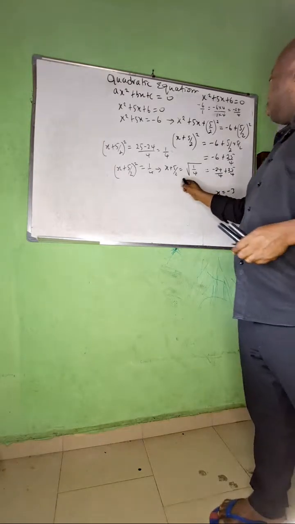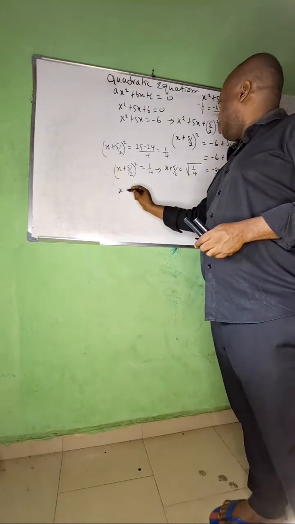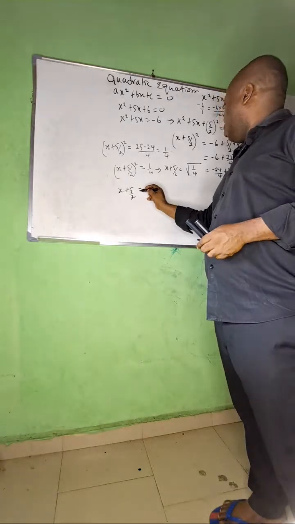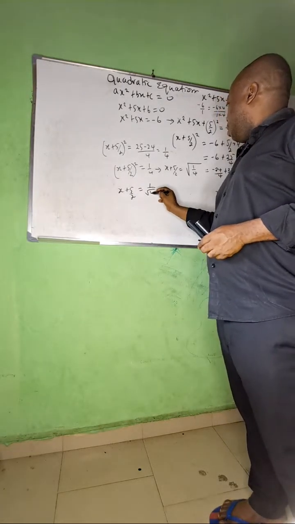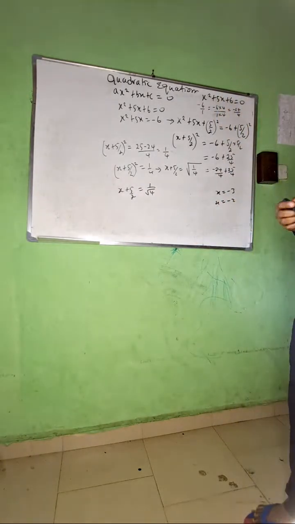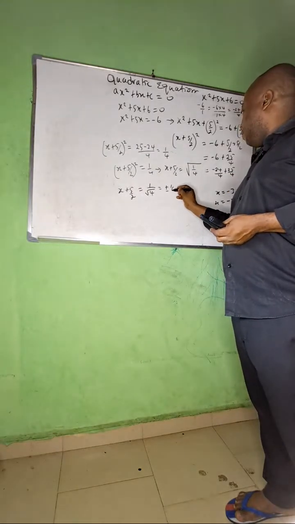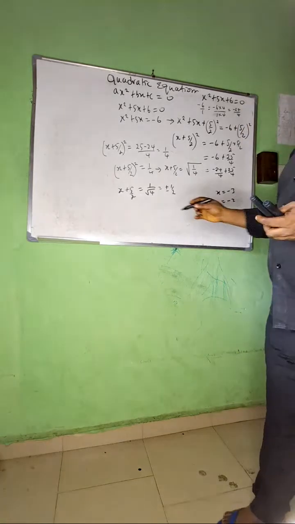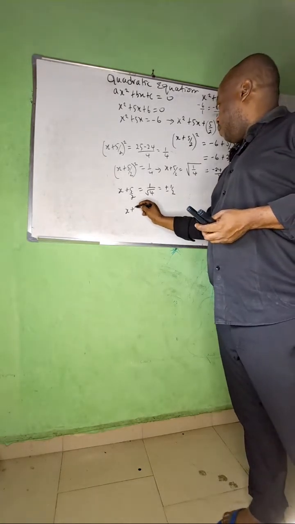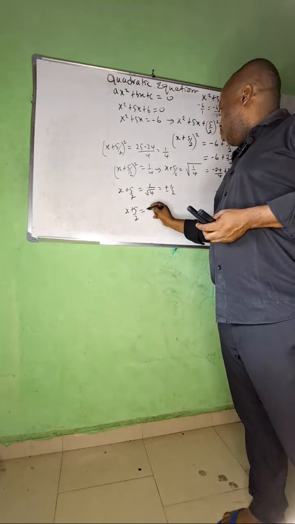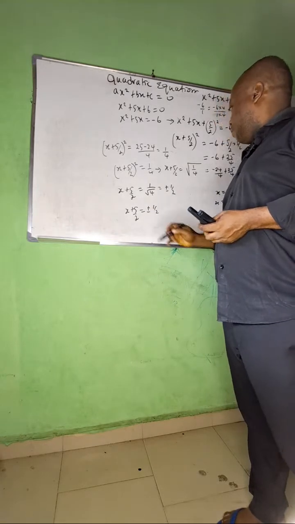Now, we're having x plus 5 over 2 equals the square root of 1 over 4. That's what it is. And so that will give me plus or minus half. So I'm having x plus 5 over 2 equals plus or minus half.